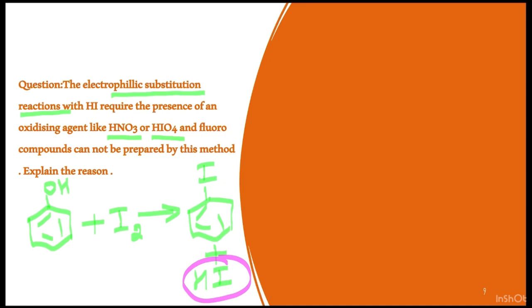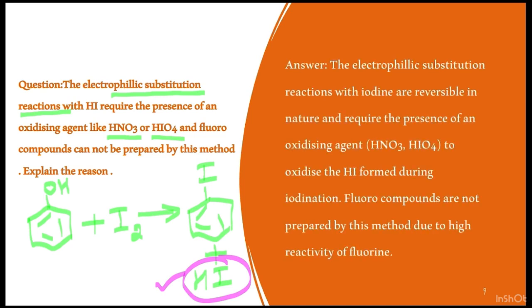The electrophilic substitution reactions where HI is formed require the presence of an oxidizing agent like HNO3 or HIO4. The reason is that this reaction produces HI, which is a very strong reducing agent, and it will try to go back to iodine. It will try to oxidize itself because it's a very good reducing agent.